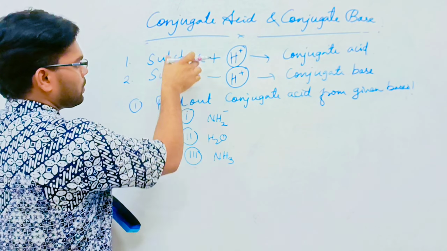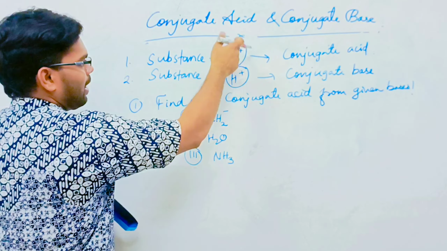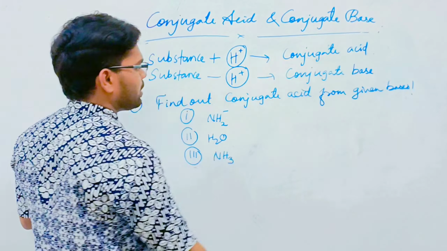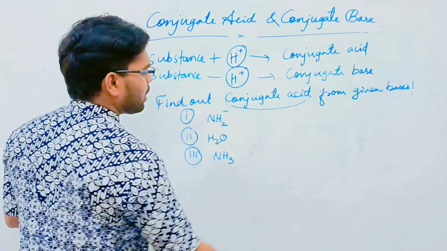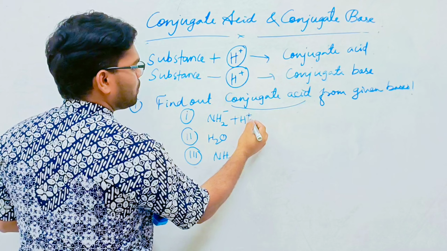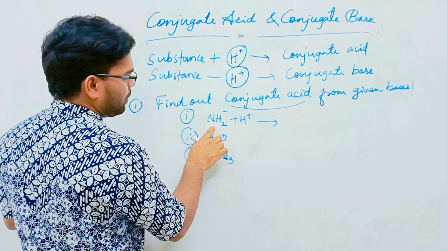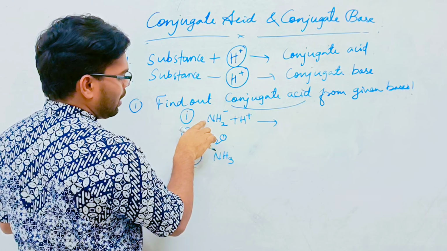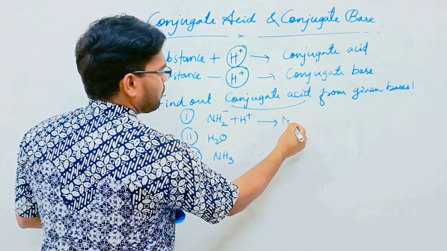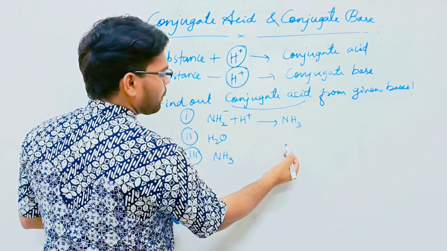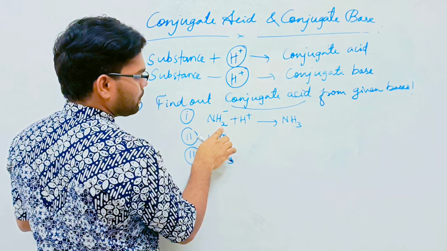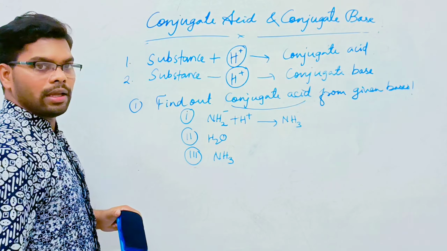What you have to do is just add the hydrogen to the substance for finding the conjugate acid. So the question is to find the conjugate acid, you just add one proton here. After adding one proton, one hydrogen is added over here, so it became NH3. Yes or no? It became NH3.